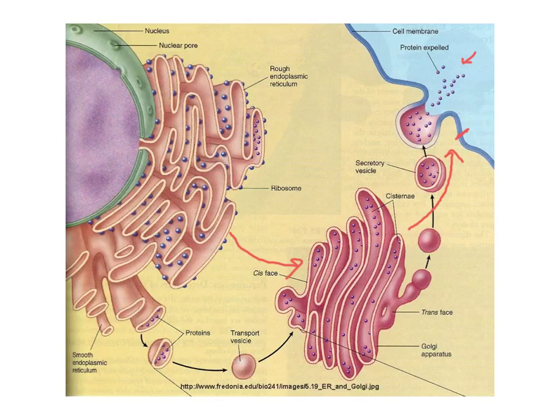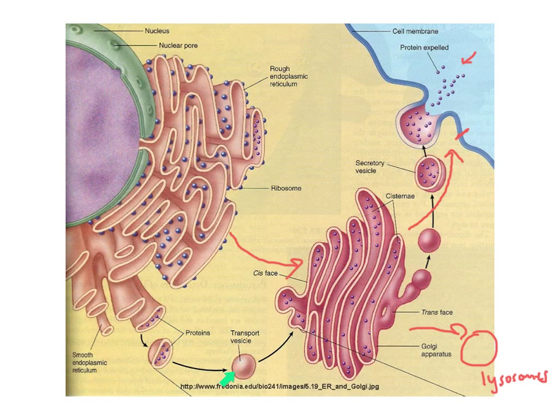Proteins also may leave the Golgi apparatus and become located in vesicles in the cytoplasm, particularly lysosomes. When proteins are formed in the ER, they leave the ER in these little transport vesicles.